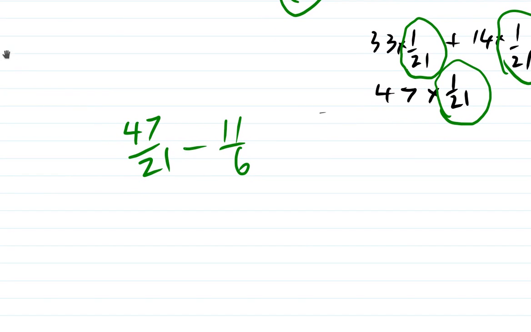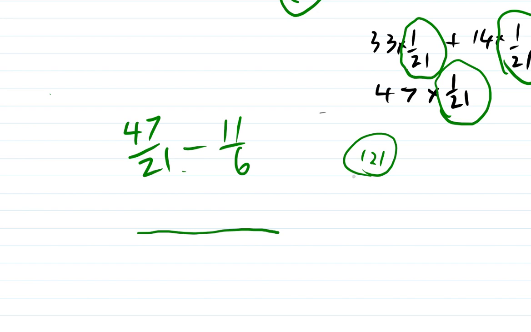So here again, we could use the LCM method and work it out. Now, what is the LCM of 21 and 6? If you multiply 6 by 21, what are you going to get? 6 times 1 is 6, 6 times 2 is 12, 126. But that is a common multiple, but is it the lowest?